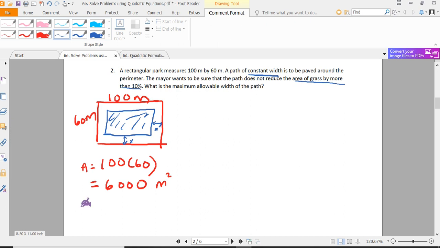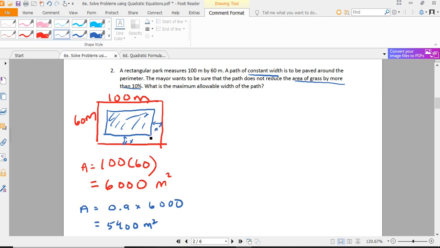So which means we still want the area to be 90% of 6,000. Okay? So that should give me 5,400. So the area of this should be about 5,400.